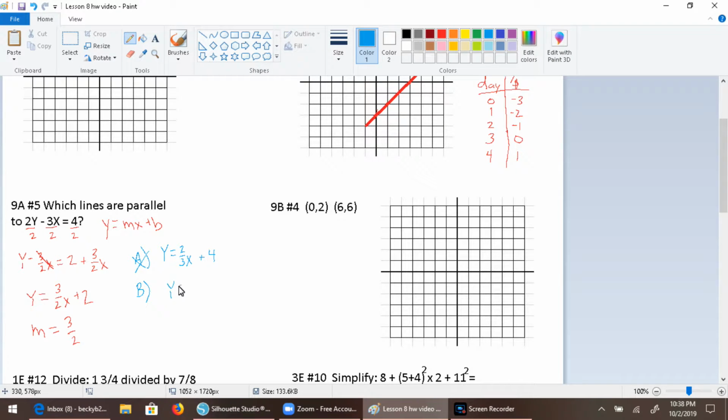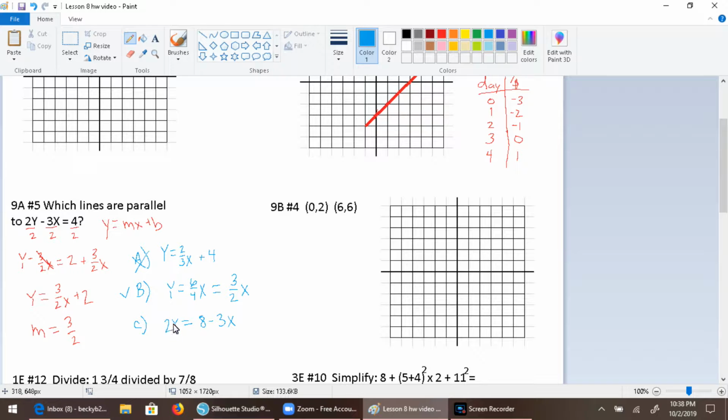B is y equals 6/4 x. Is this the same as this? It doesn't quite look like it at first, but we can reduce the fraction 6/4 to 3/2. We can divide both the top and the bottom by 2, so now it'll be 3/2 x. So now this is the same slope as this one. So this one works. And the last one, C, we have 2y is equal to 8 minus 3x.